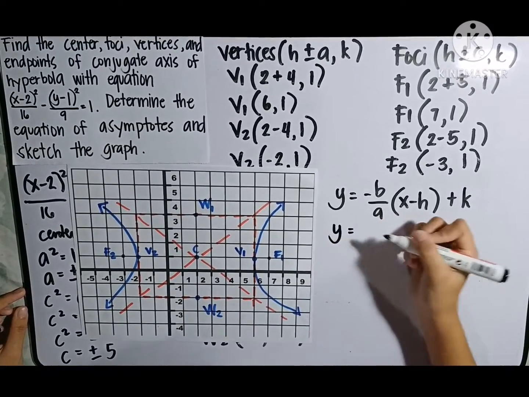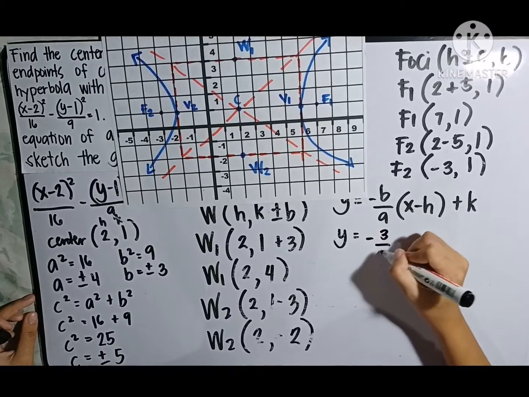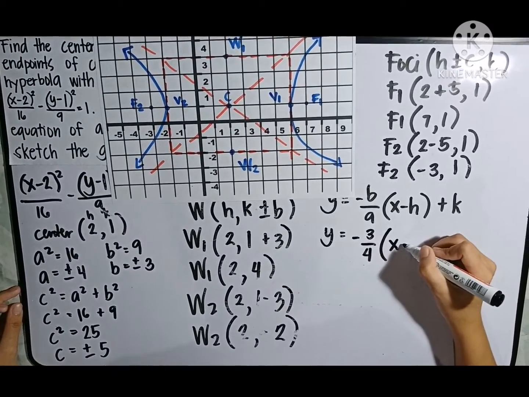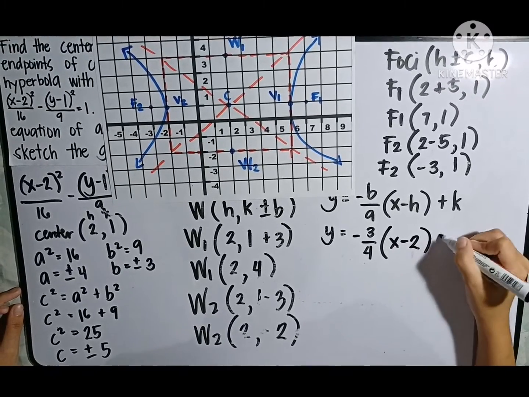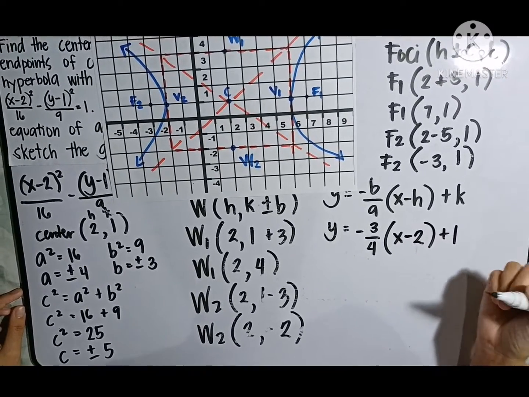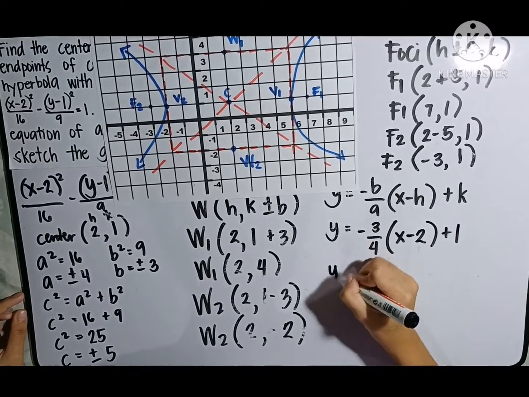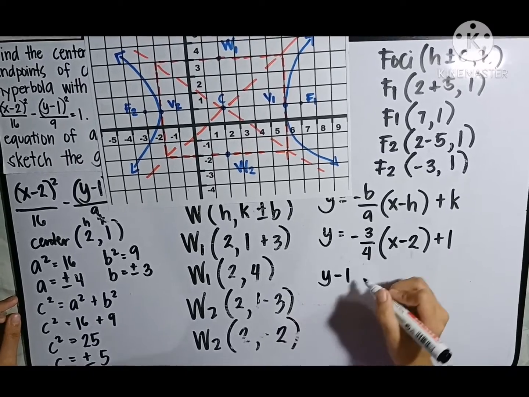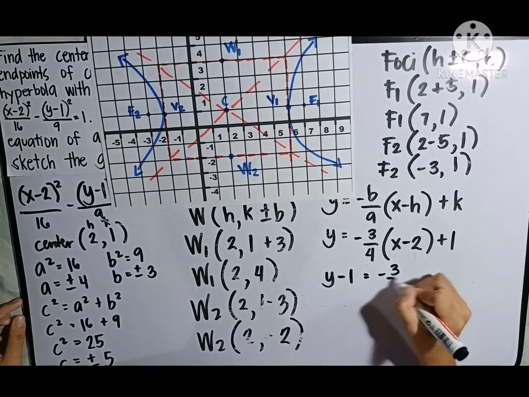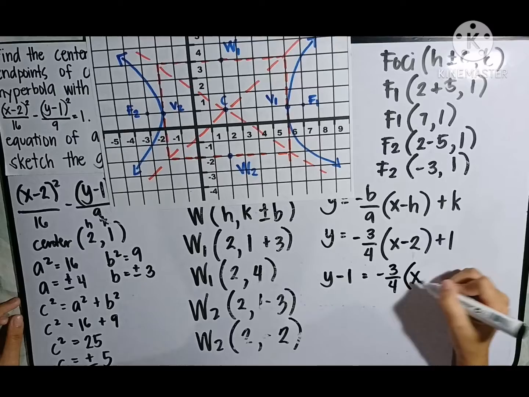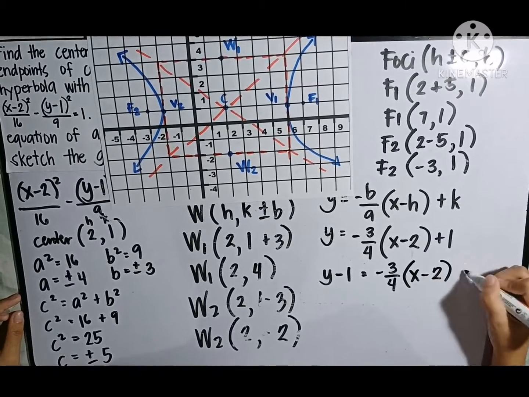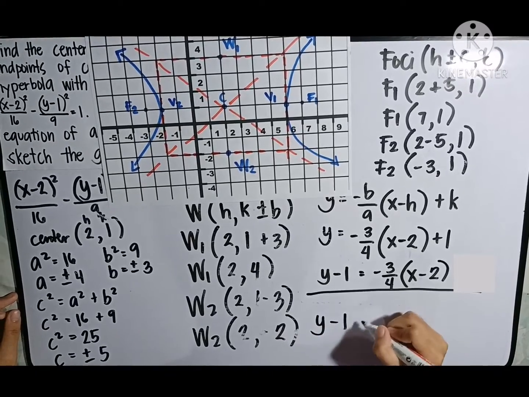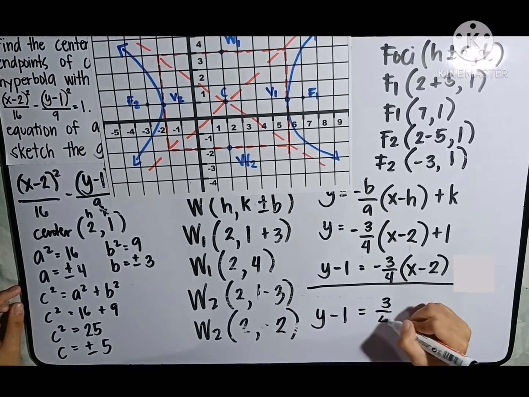So y is equal to negative 3 over 4 times (x minus 2) plus 1. But we should write it as y minus 1, transposing this 1 to the other side, is equal to negative 3/4 times (x minus 2). This will be our first asymptote, and the second one will be y minus 1 is equal to positive 3/4 times (x minus 2).